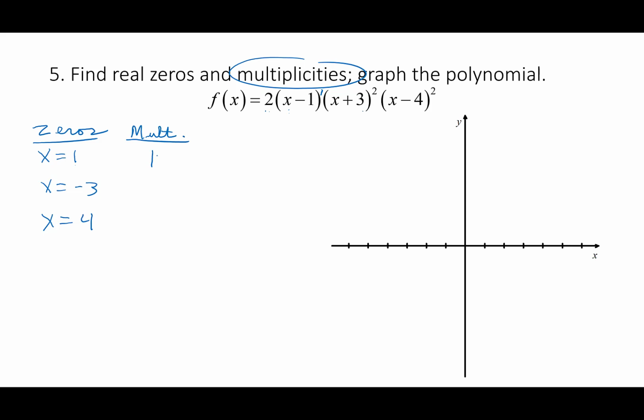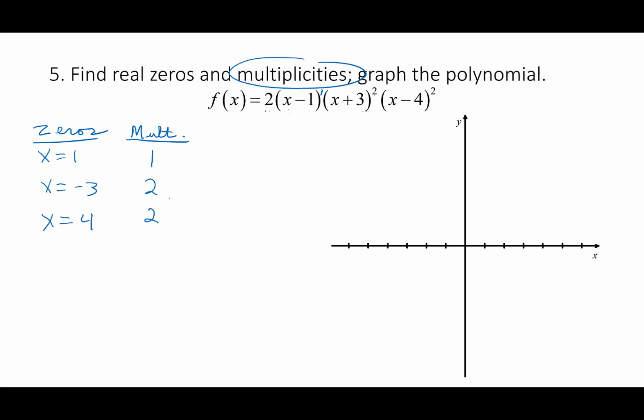X equals negative 3 comes from the factor x plus 3, which is raised to the second power, so the multiplicity is 2 here. X equals 4 comes from the factor x minus 4, which is raised to the second power, giving us a multiplicity of 2 there as well. So we have the real zeros and their multiplicities, and we want to graph the polynomial.